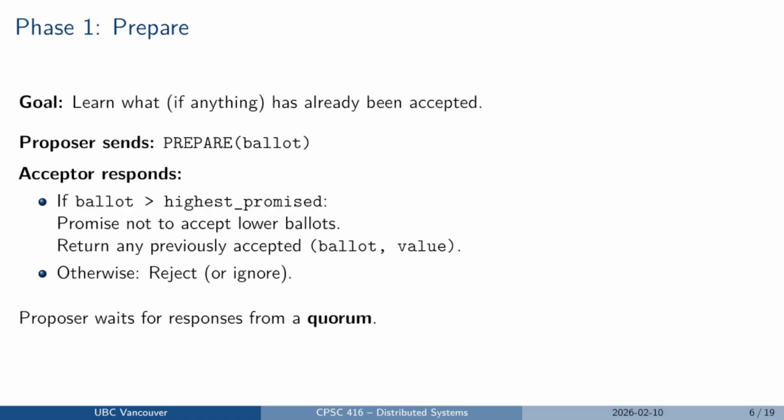Okay, great. Sorry, so for the case 1, when it says promise not to accept no ballots, does that mean that when it sees the ballot from the prepare request, we'll just save it, and then if anything else comes, we'll accept it? Well, it won't accept anything lower numbered, but it can accept things that are higher numbered. Right. So the ballot numbers have been constructed so that they are always increasing.